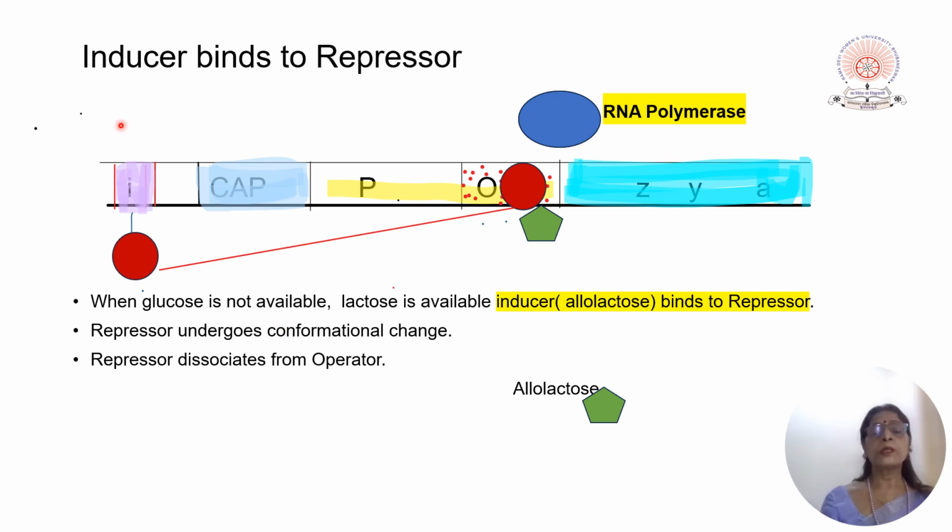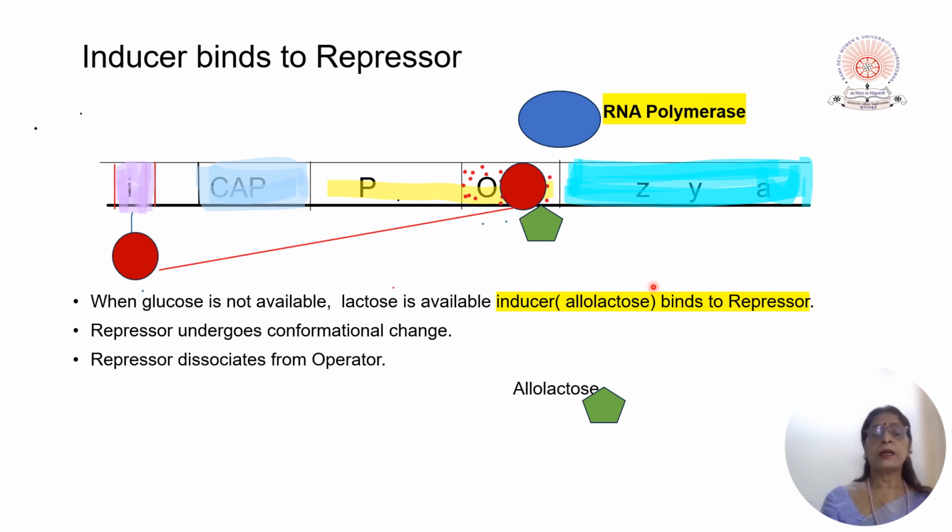Now, what happens when the inducer binds to the repressor and under what circumstance does the inducer bind? Inducer binds when glucose is not available and lactose is available. Under this circumstance, allolactose, which is the inducer, binds to the repressor.